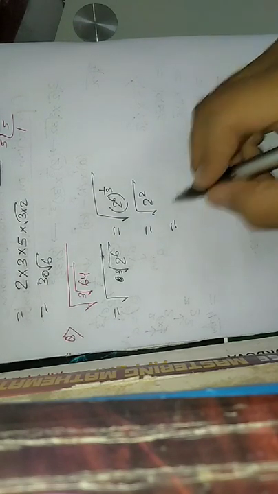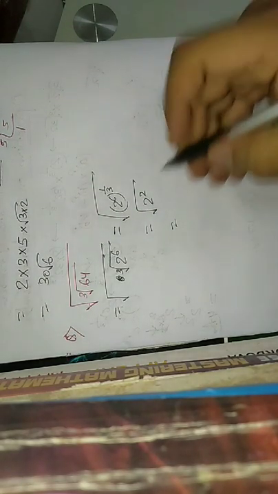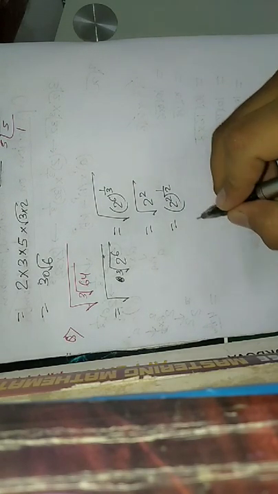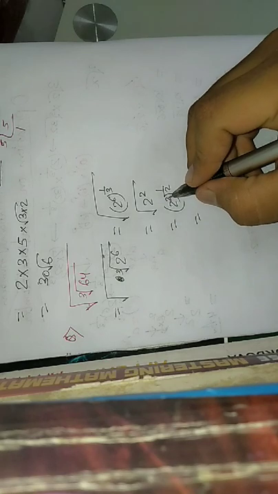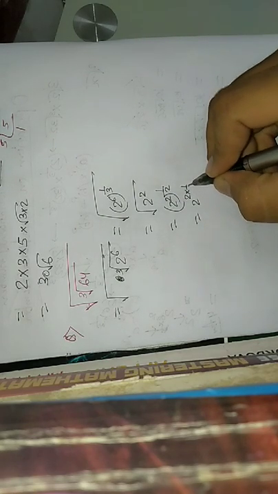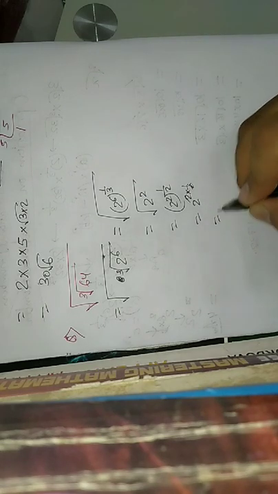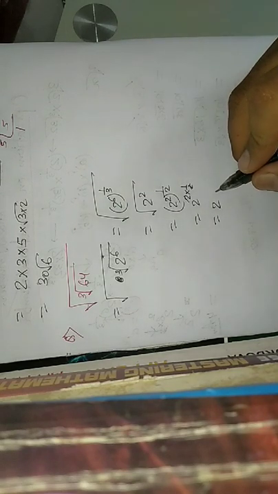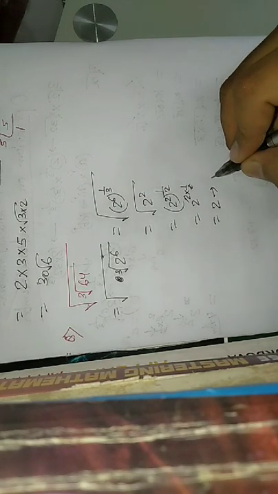We know that the square root means power 1 by 2. So 2 power 2 into 1 by 2 gives you 2. So your answer is 2, and this is not an irrational number, this is a rational number.